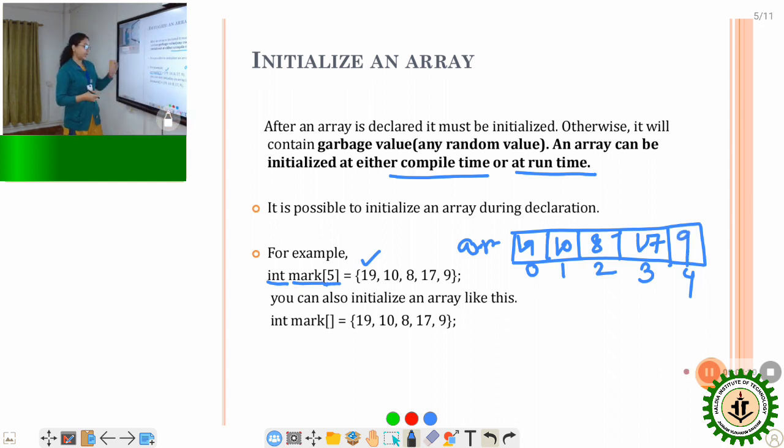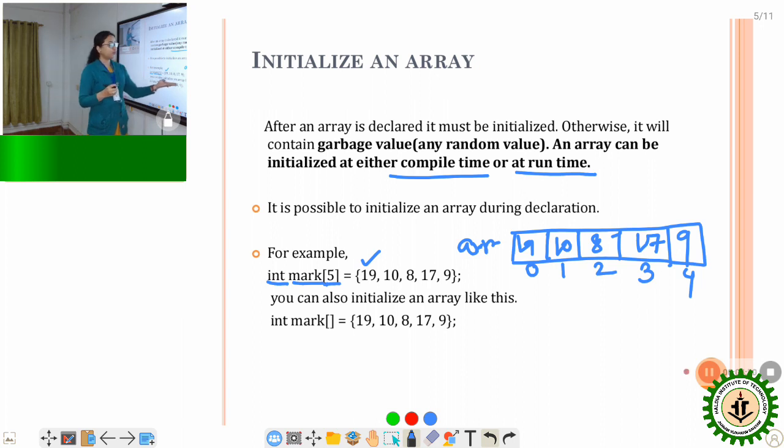Like this we can also initialize this array without any size. Without any size means here in the third bracket we do not give any size, but we initialize all the 5 values or 6 values or 7 values. So the array marks is created with these values.